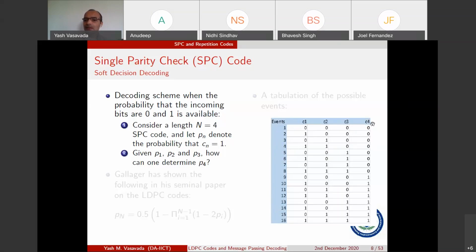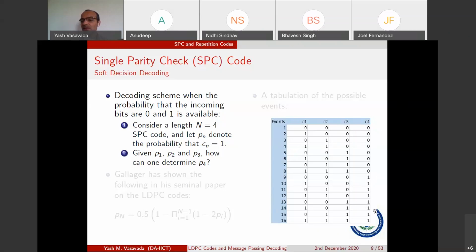So here we are asked about the probability of C4. So let us put a rectangle on the C4 column. Okay, so let's hide the C4 column. Let's not look at C4 right now, because C4 is the variable that we are asked to determine.